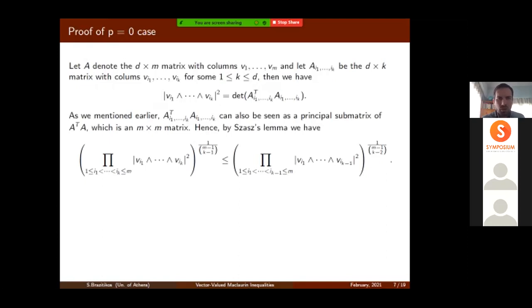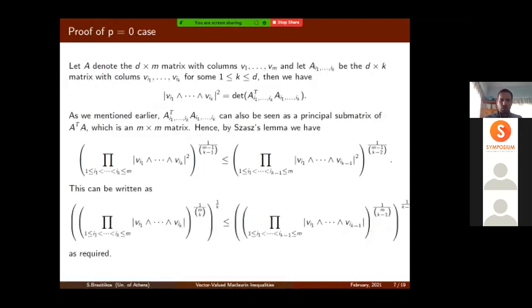We take all these principal submatrices with cardinality k, and here with k minus 1. So the SAS inequality says exactly this thing here. And we can rearrange this taking square roots and playing with the binomials like this, and this is exactly the p equals 0 case.